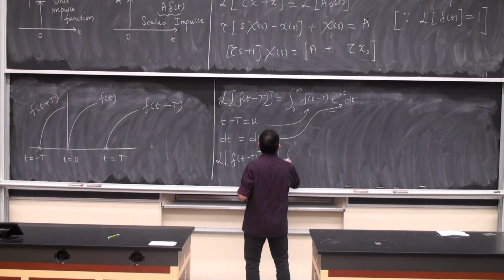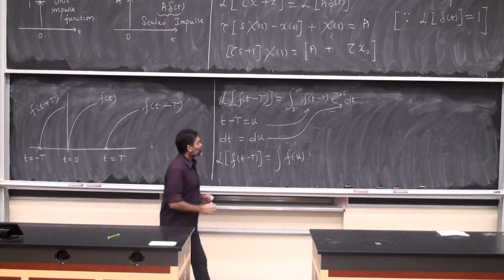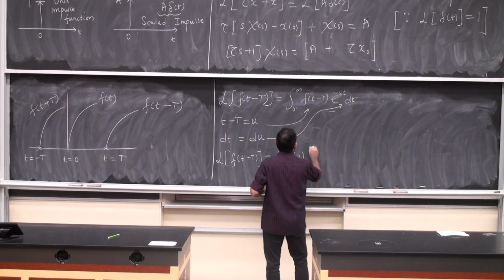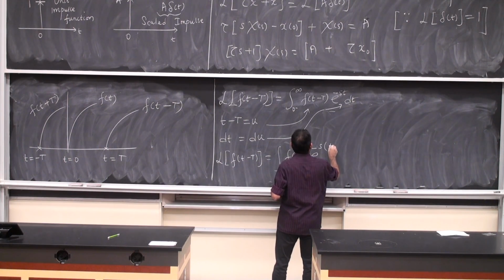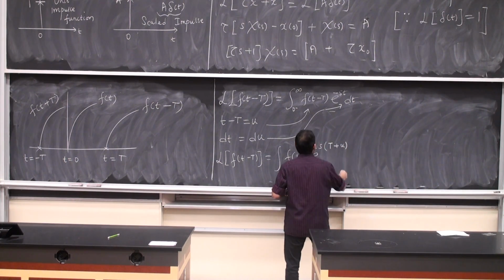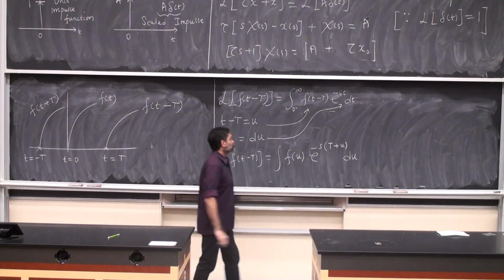This is just f of u e to the power minus s times capital T plus u du.